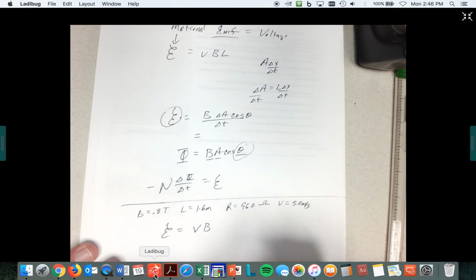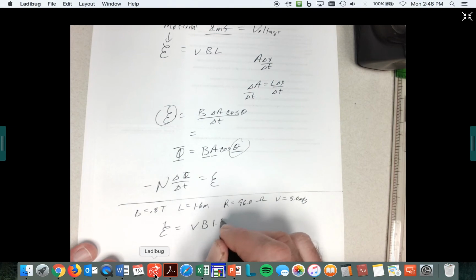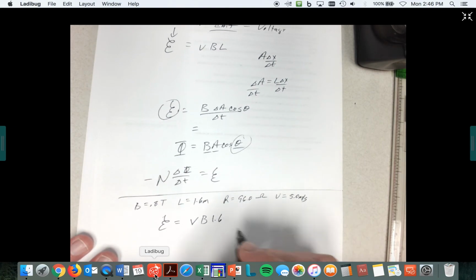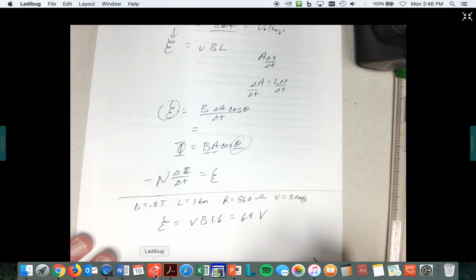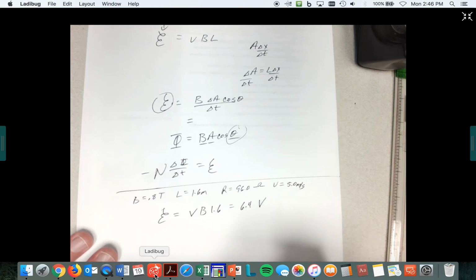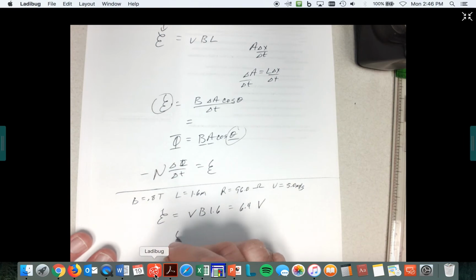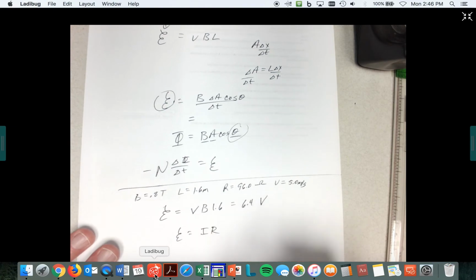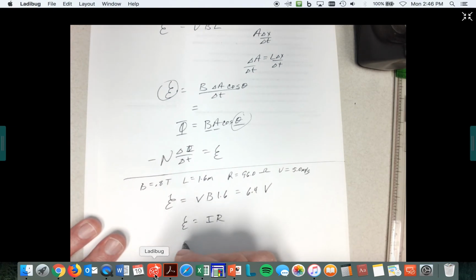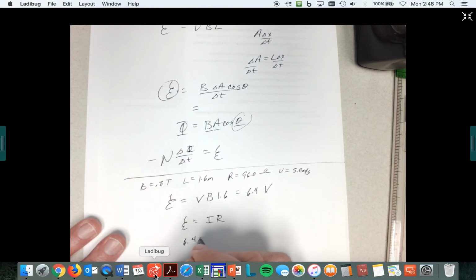So we're up to 4. 5 times 0.8 is 4, times 1.6, which would be 6.4. So this is equal to 6.4 volts. They wanted to know the current in the wire. Well, the EMF is equal to I times R. So 6.4 volts divided by 96.